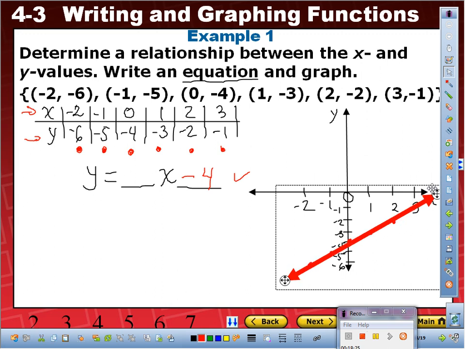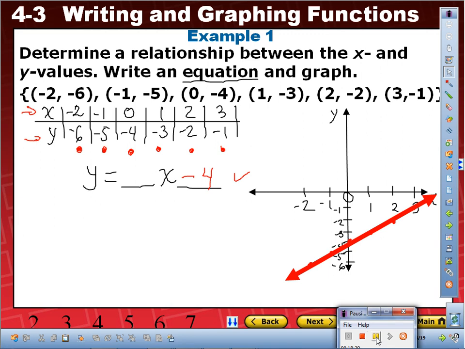Did you see what we did? Okay. So here we go. So far, step 1, write a rule. Did we do that? Yes. Step 2, graph your function. Yes. Step 3, test your graph. So let's just double check to see if this is a function.